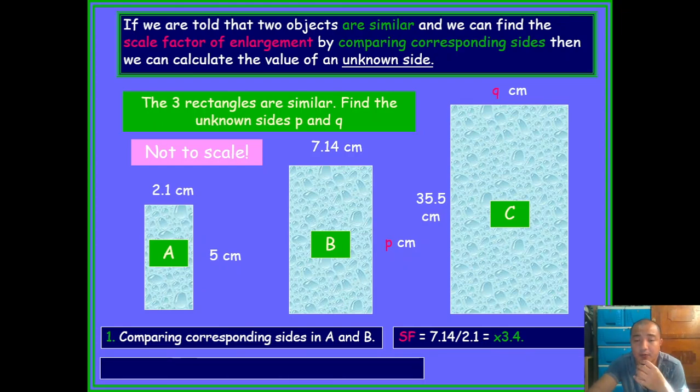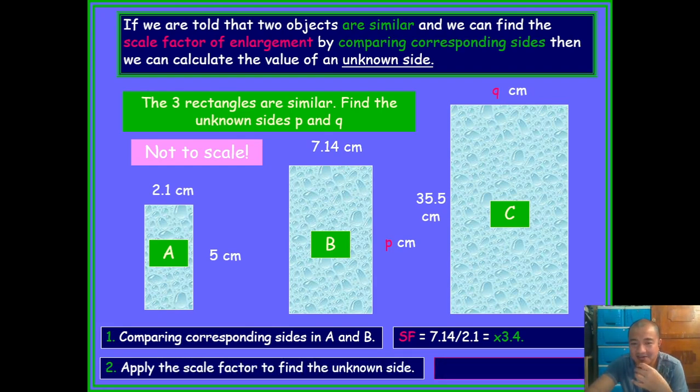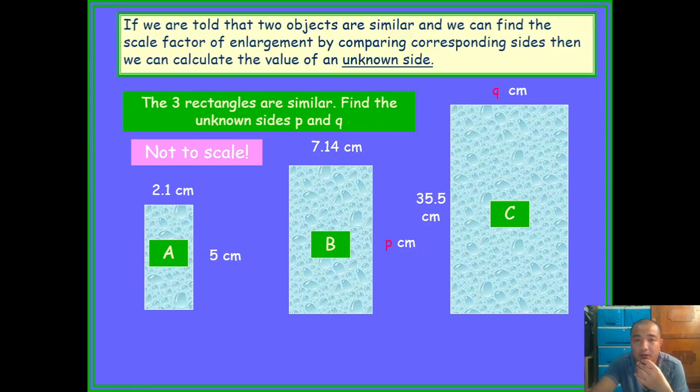So 5 times 3.4 gives the measure of P. P is 17 cm. So you multiply 5 by 3.4. Now to solve for Q, how?